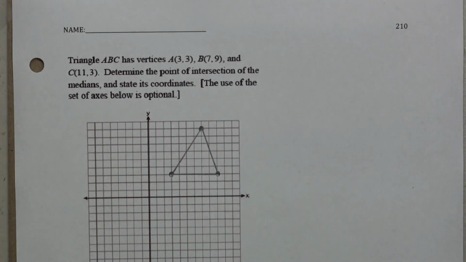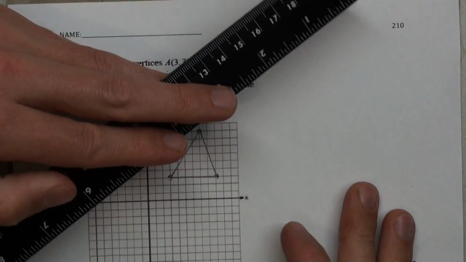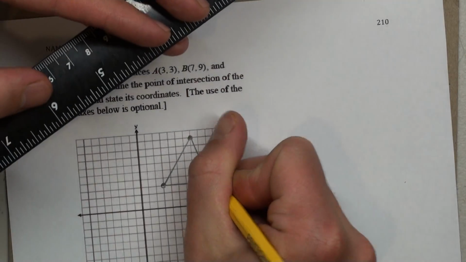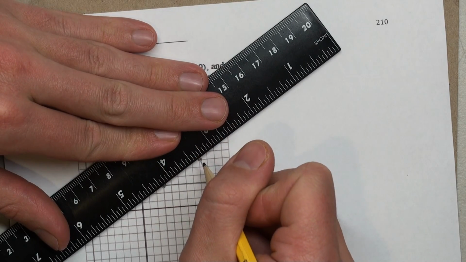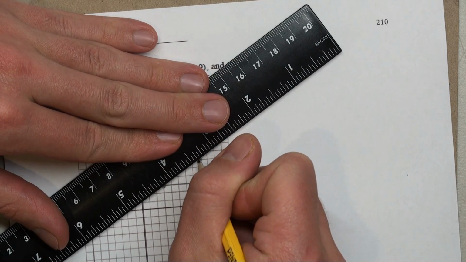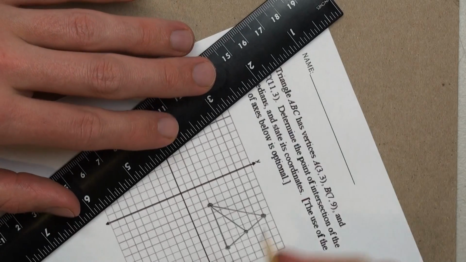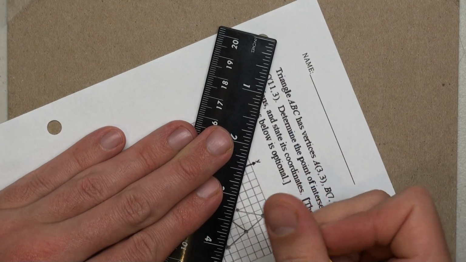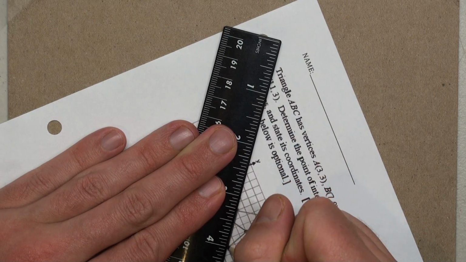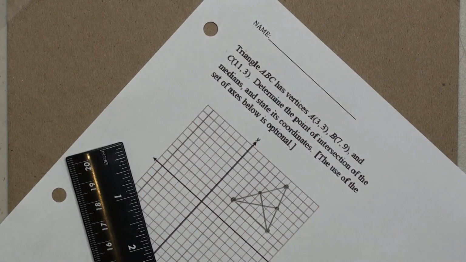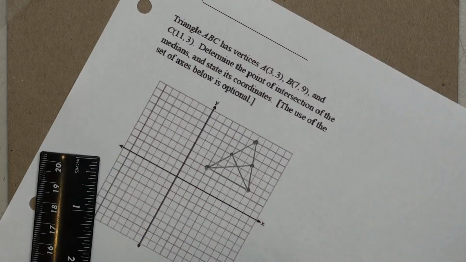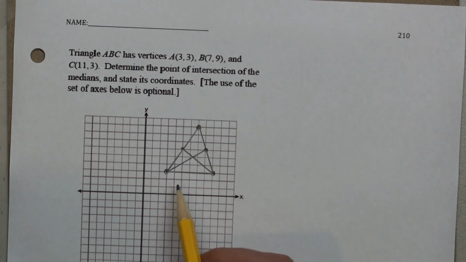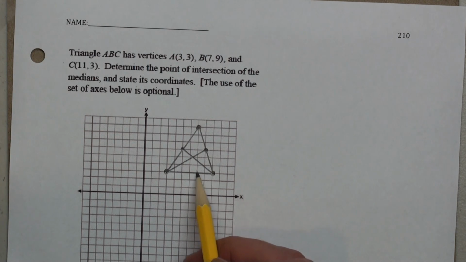Determine the point of intersection of the medians and state its coordinates. Well, it's going to go to here from this side, right? And from this side, it's going to go to here. What happened? Did I plot something wrong? 3, 3, 4, 5, 6, 7. 1, 2, 3, 4.